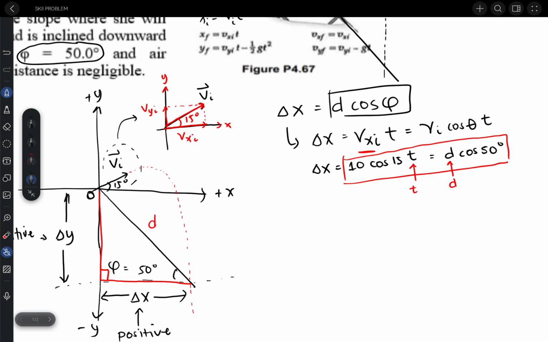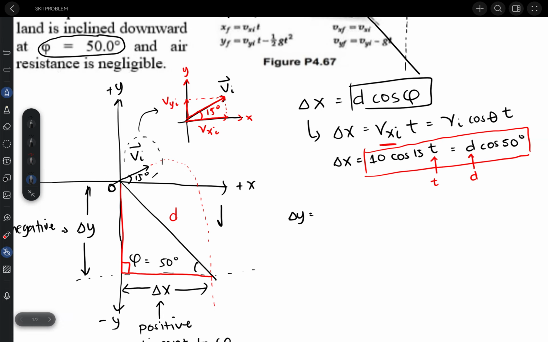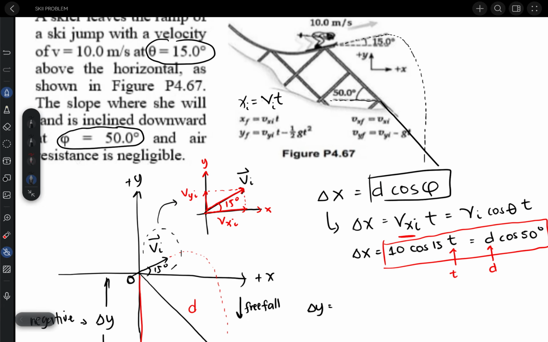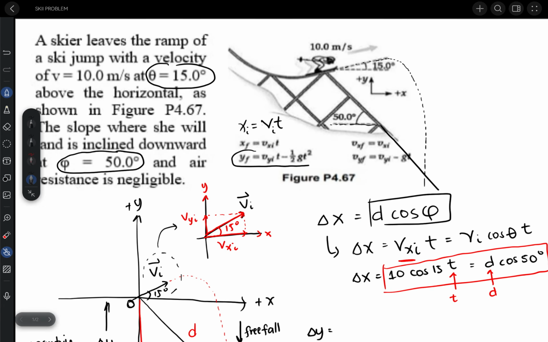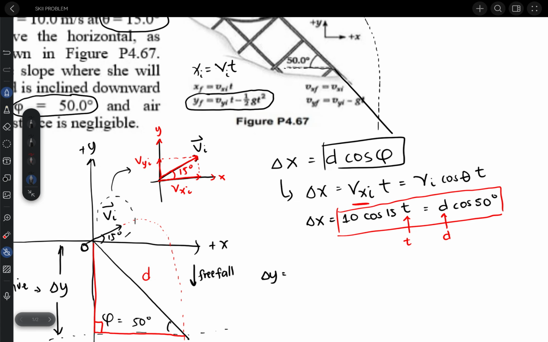And for that one, we can use the delta y, which in this case, since this is a free fall motion, then what we'll have here is, to find the delta y, we can use this equation up here, which will give us the final y position.